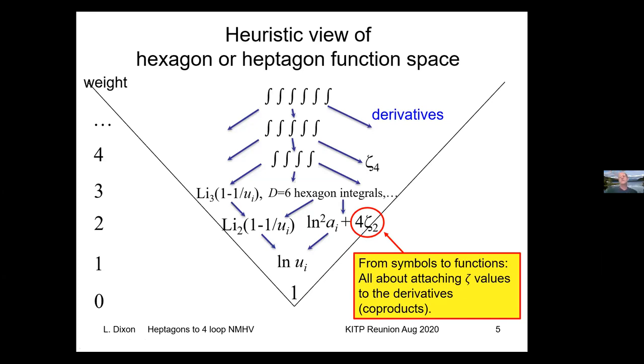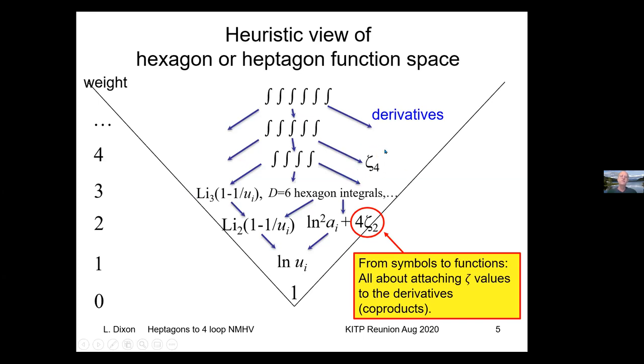Now, these zeta values are totally invisible at the level of the symbol. So one of the things you learn when you go from the symbol to the function is where the zeta values are. It's all about attaching zeta values in the right way to the derivatives of functions. And here's a zeta 4 sitting off by its lonesome.